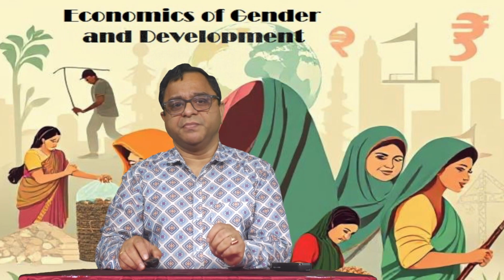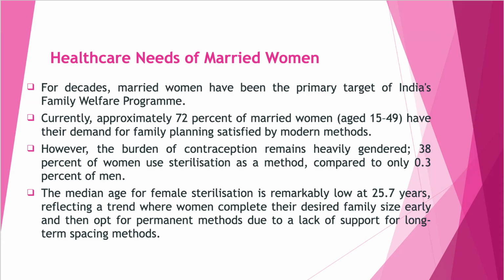For decades, married women have been the primary target of India's family welfare program. Currently, approximately 72% of currently married women in the age group of 15 to 49 years have their demand for family planning satisfied by modern methods. However, the burden of contraception remains heavily gendered. 38% of women use sterilization as a method compared to only 0.3% of men.